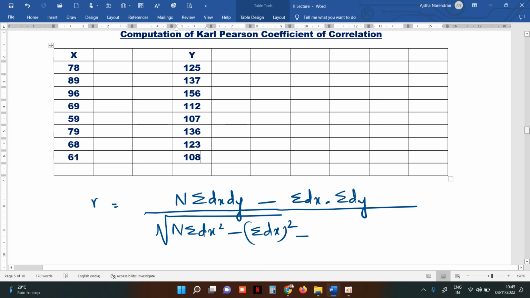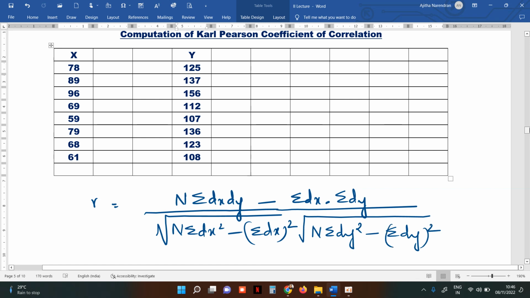You can easily memorize this formula if you take the first formula which we have seen, multiplied by, here we take dy, n summation of dy square minus summation of dy whole square. Okay, this is the formula.